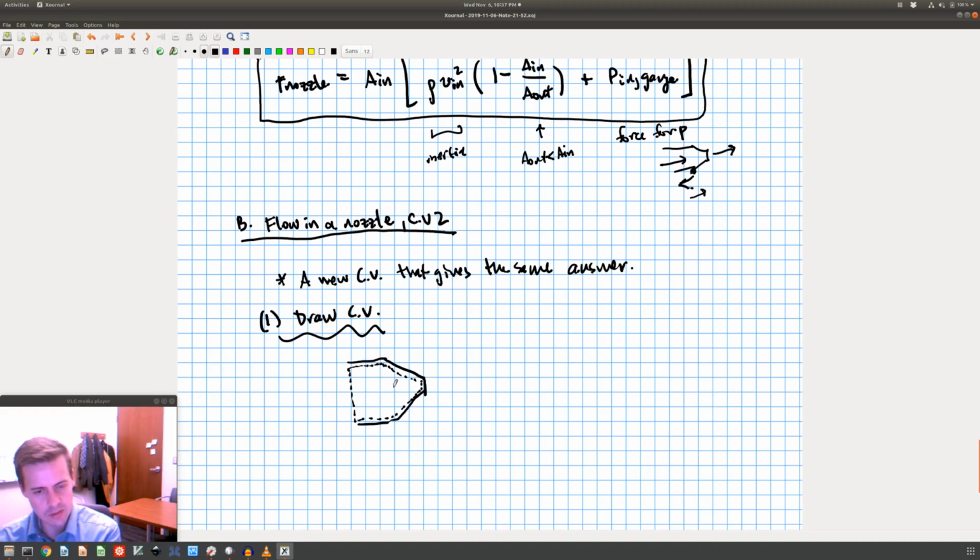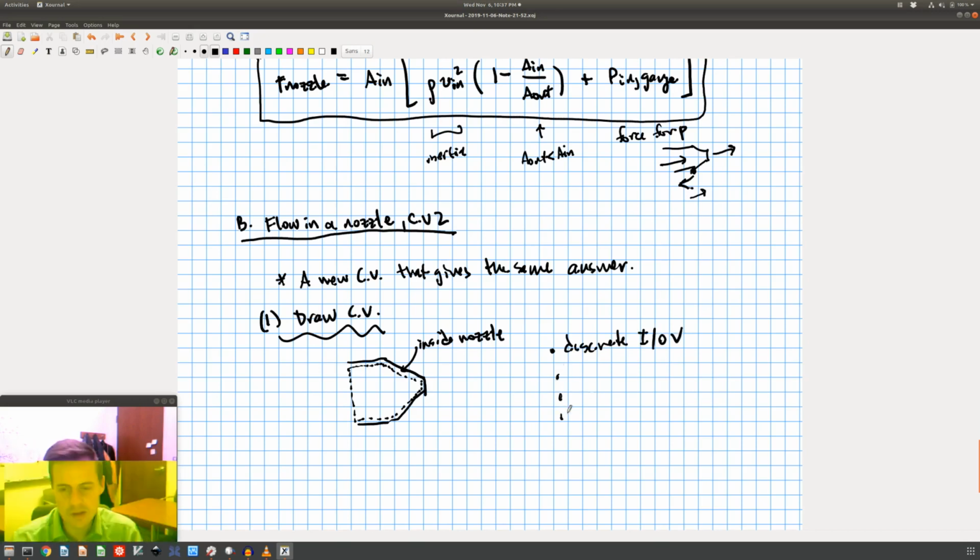Let's see if we can get a little closer. I'll make that point inside the nozzle. If we go through and check our assumptions, discrete I/O works, and all of my assumptions work. Check, check, check. So this is completely valid.